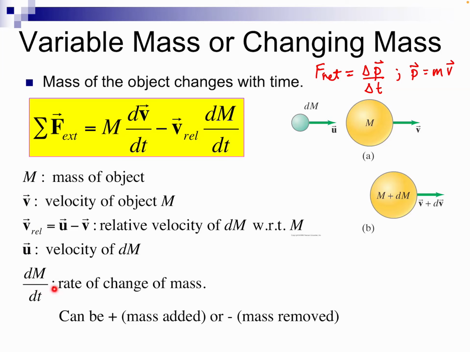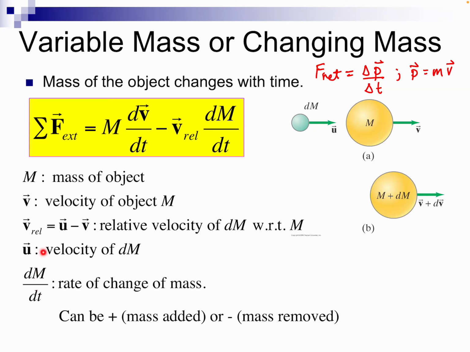dm over dt is the rate of change of mass, which can be positive or negative depending on whether mass is being added. Like in the figure here, mass is being added to the big mass. It's the stone that's rolling and mud is being added to it.